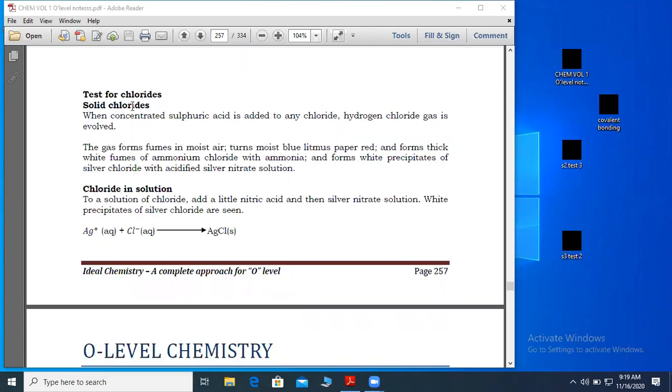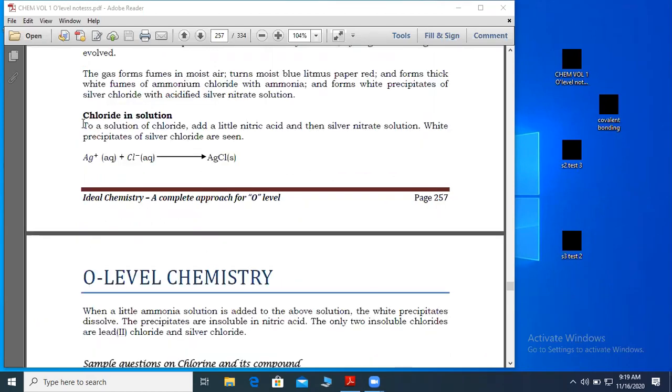Test for chlorides. When concentrated sulfuric acid is added to any chloride, we will get, but this is not the one I want. I want you to always remember this. Test for chlorides. You remember the solubility rule on chlorides. It says all chlorides are soluble except silver chloride and lead 2 chloride.